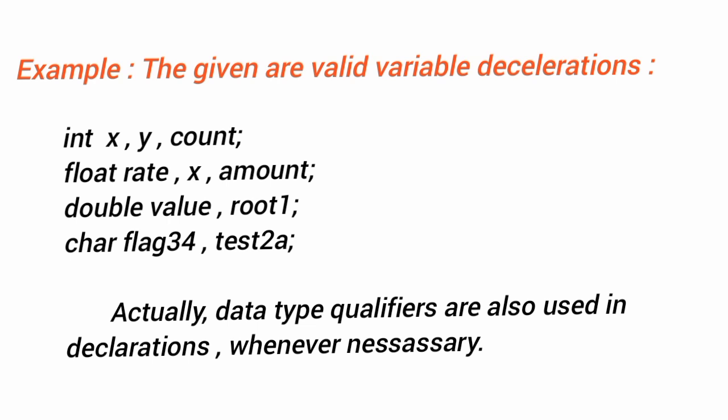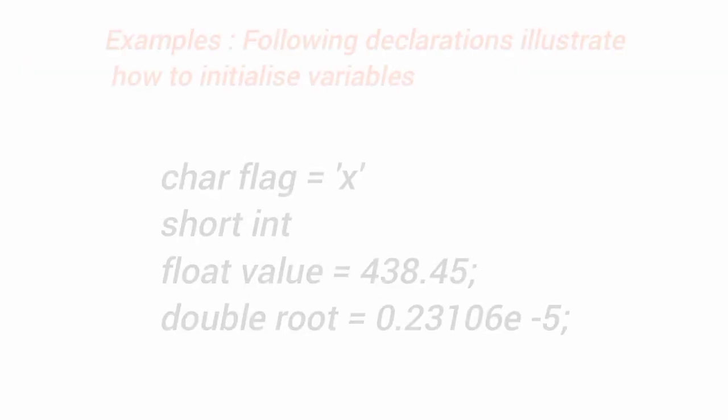The following are valid variable declarations. Actually, data type qualifiers are also used in declarations wherever necessary.